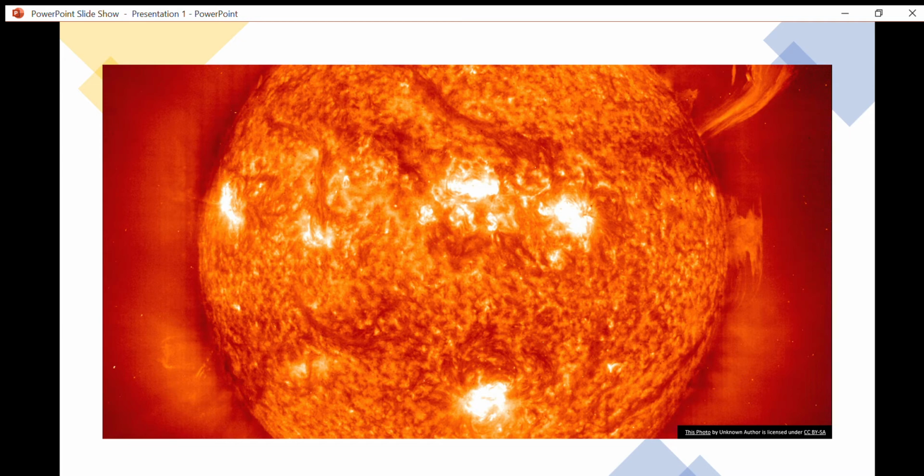Its surface temperature is 5,500 degrees Celsius, which is 9,930 Fahrenheit. That means if it's 2,000 degrees Celsius cooler, it's 3,500 degrees Celsius.